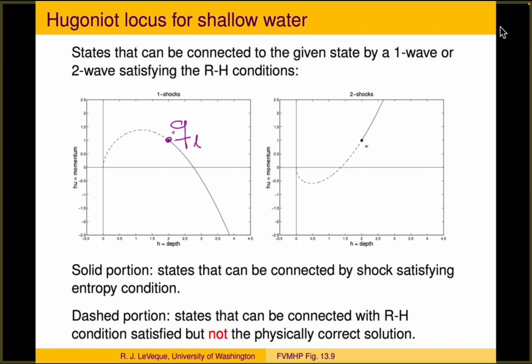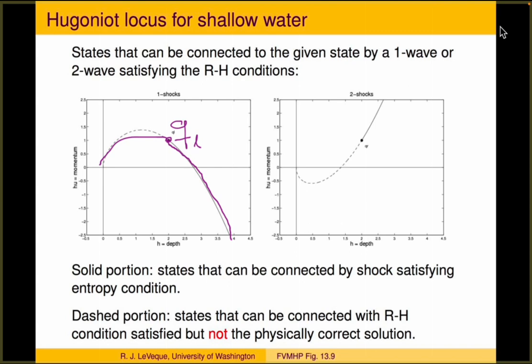It should be a rarefaction wave instead. And so the 1 wave shocks have to lie along this curve, but over here we should really take this dashed line and replace it by a slightly different curve, namely the integral curve that corresponds to rarefaction waves.